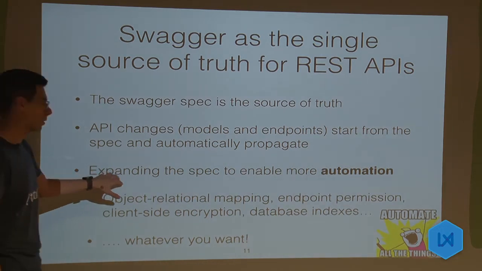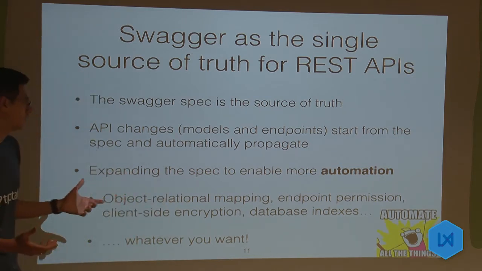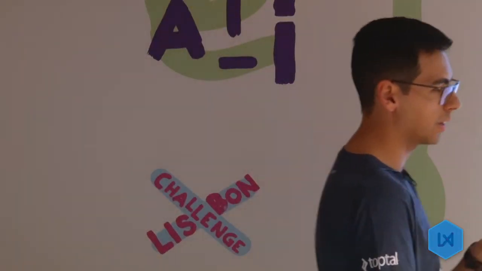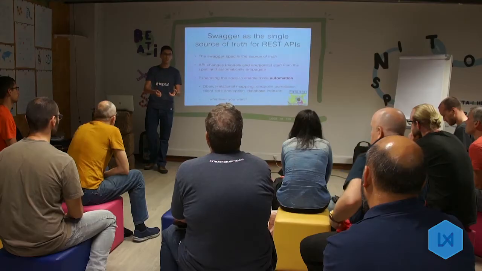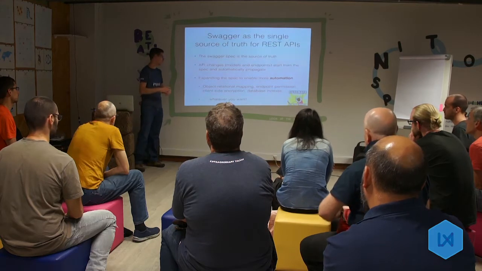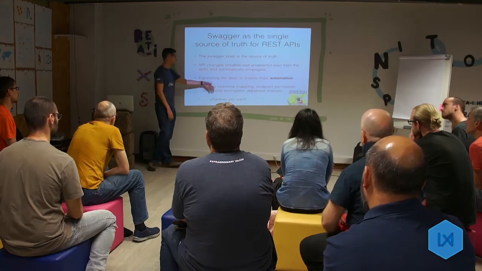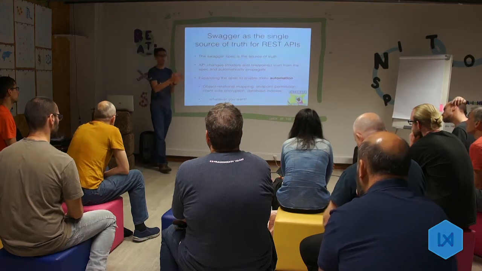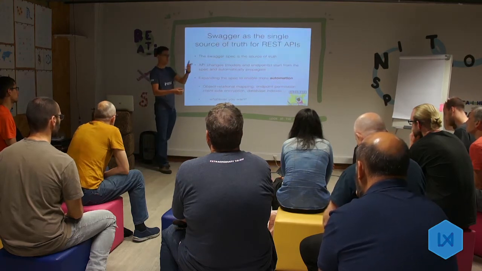The fact that the spec also allows you to expand it enables even more automated features. The Swagger spec is a bit restrictive in terms of some things, but you can always add stuff on top. It's just metadata that you're adding to the file, and then you can parse it and do some cool things. For instance, if you're using an object relational mapping to access the database, you are not making SQL queries directly, you're just going through a model.